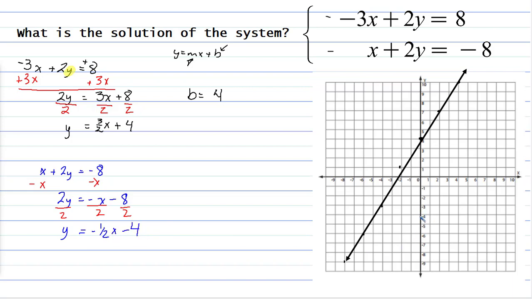So this time my y-intercept is at negative 4. And my slope is negative 1/2. So I am going to fall 1, go right 2, fall 1, go right 2, and go backwards, the same idea.